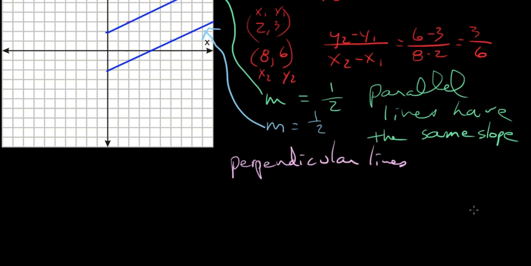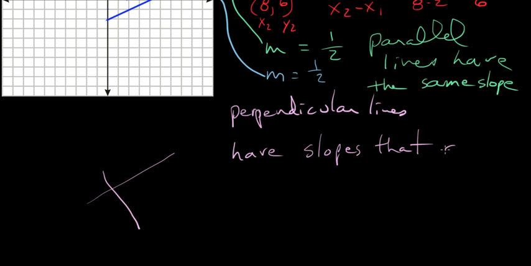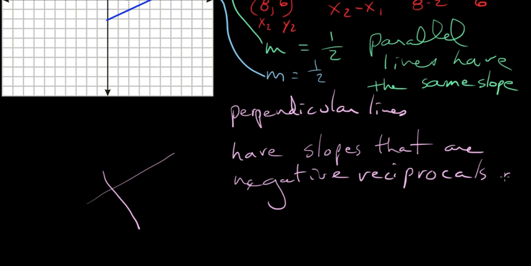Well, there's a special case with perpendicular lines. If the lines are perpendicular, like this, then they have slopes that are negative reciprocals of one another.